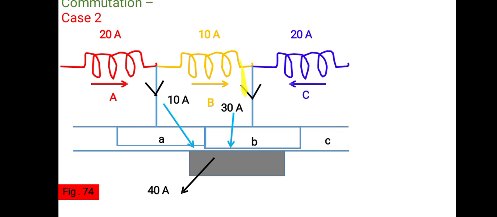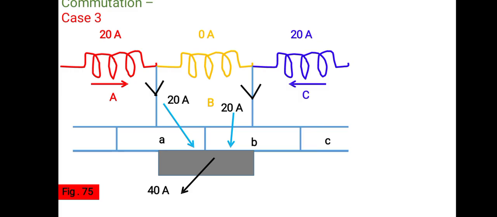This 10 amps plus the 20 amps already in the blue winding gives 30, and in total 40 amps flows through this brush. So the 40 amps is unchanged, but the current distribution in the windings has changed, and you have to notice the directions.